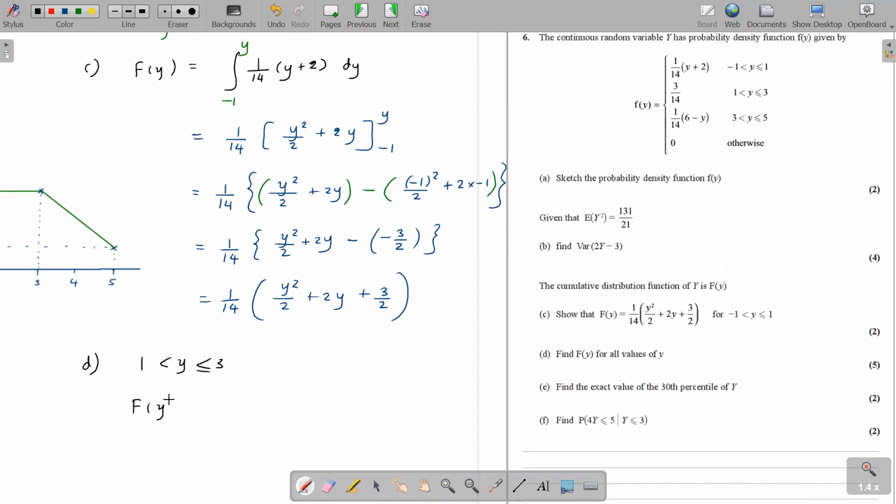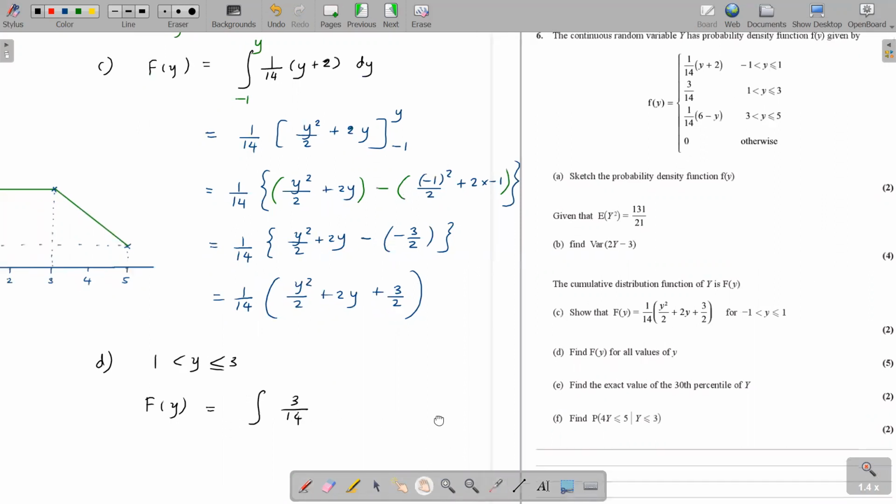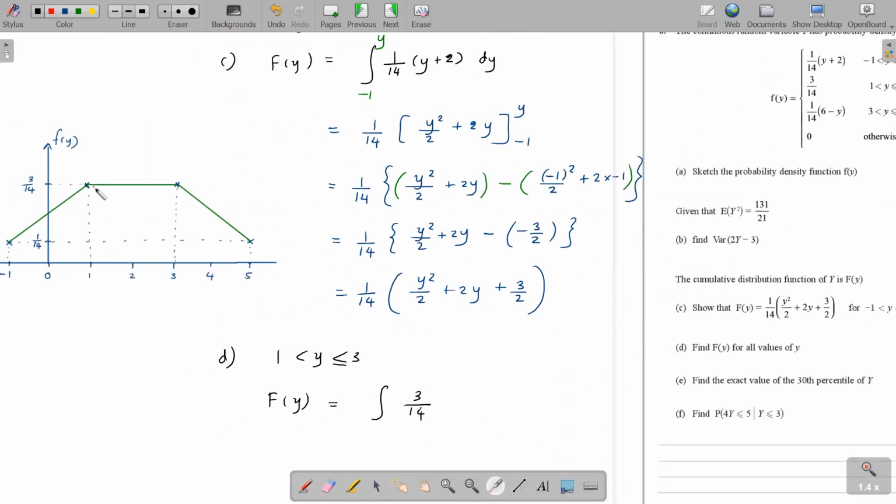How do we get capital F(y) for y values between 1 and 3? The integration will be for 3/14, right? You just have 3/14. You will integrate it starting from 1, and the upper limit should be y. Remember, when you integrate from 1 to y, where y is between 1 and 3, you will get the area starting from 1 until whatever y value you give.